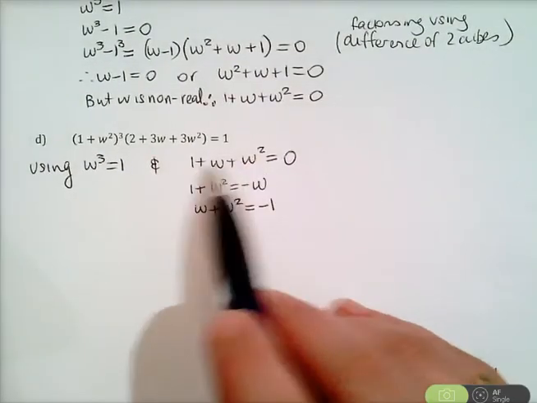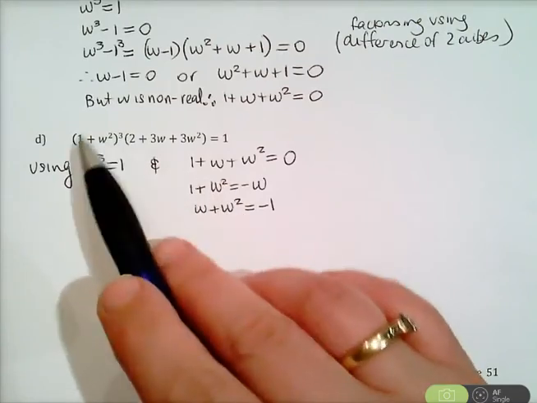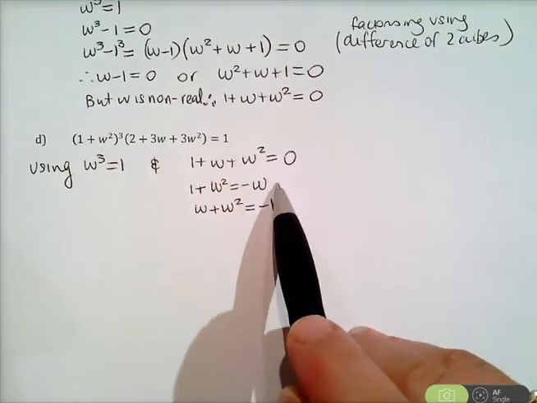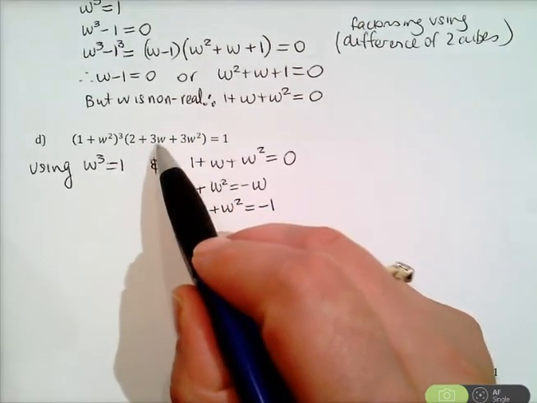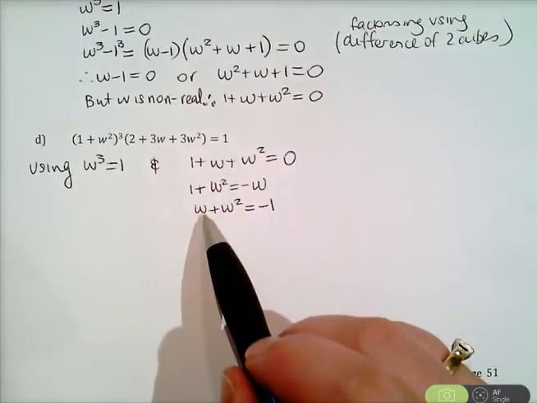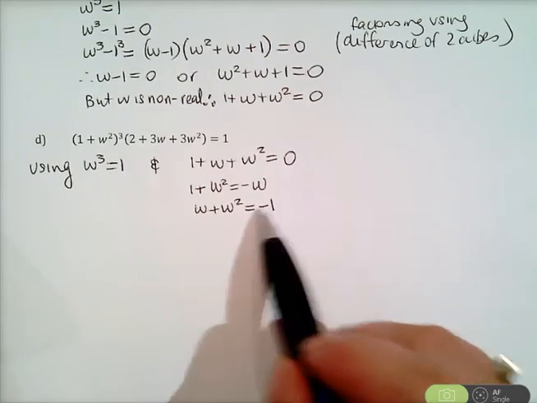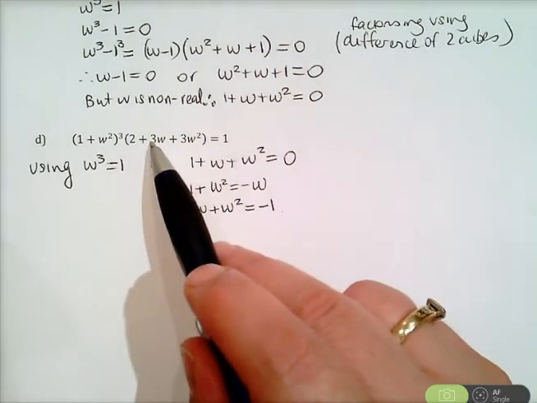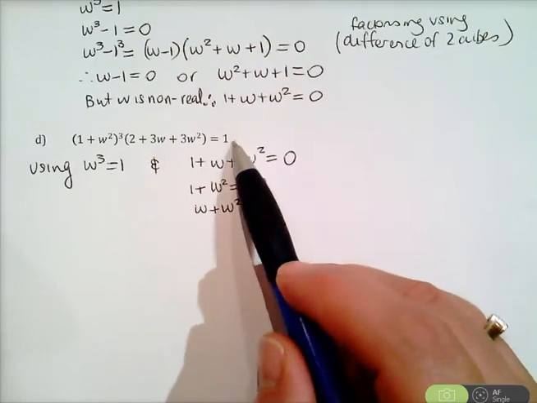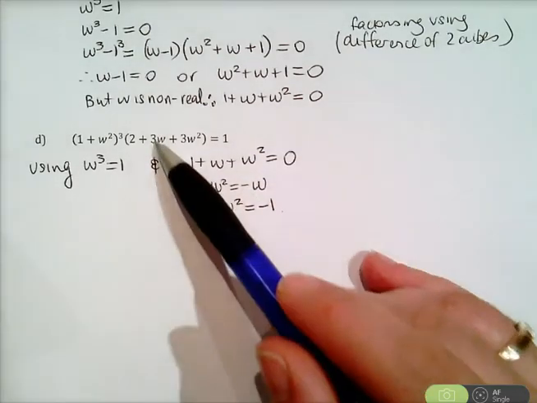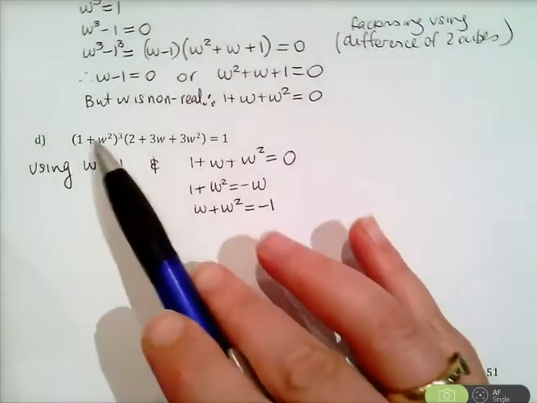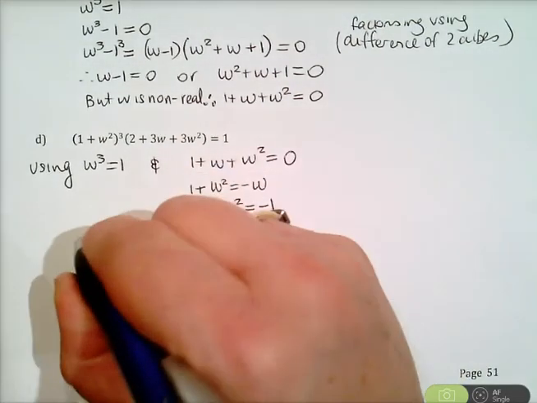The reason I'm rearranging this is so that I can come up with an expression for 1 plus w squared, so it's negative w. And here we have 3w plus 3w squared, but if we know that w plus w squared is negative 1, then this will be just 3 bracket w plus w squared. So we can use this to get this result. Now we're trying to show that this is equal to 1, so let's start with it.